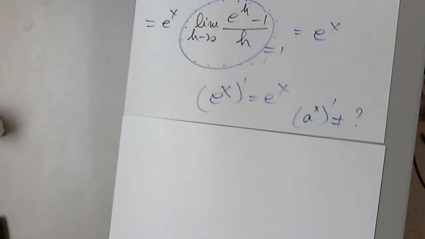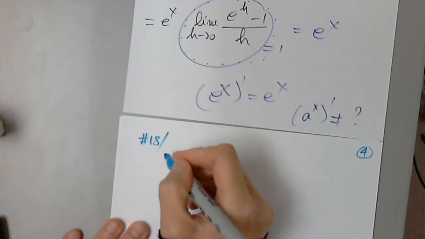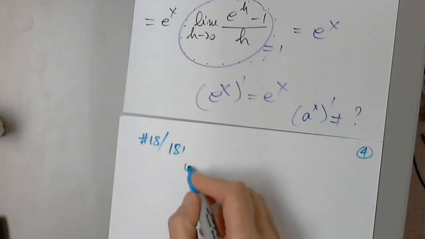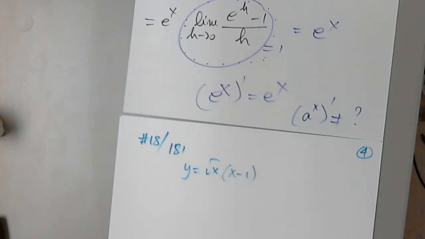But for now, let's choose something from here and a couple of word problems. Okay, I will choose 18. And 18 has y equals the square root of x times x minus 1.